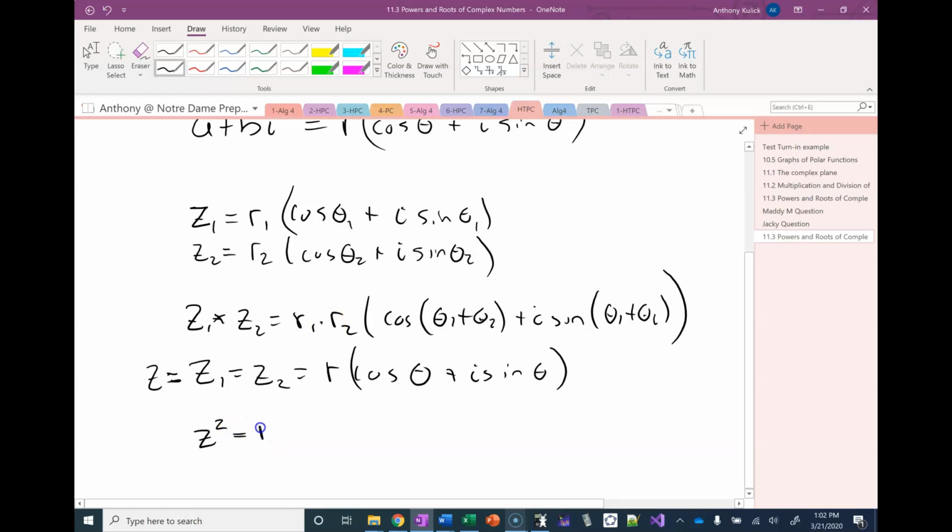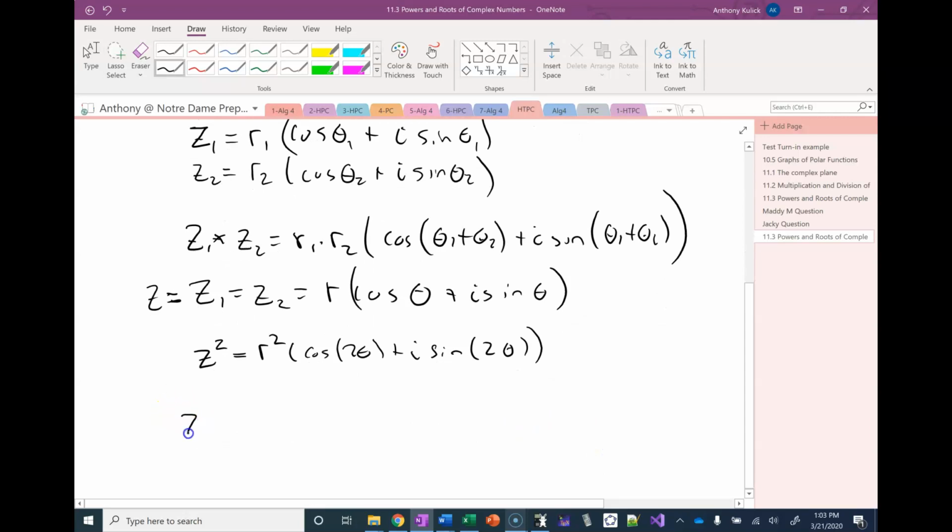So if they're exactly the same, r1 and r2 are the same, so I get r squared there. Theta 1 and theta 2 are the same, so I'm just going to get cosine of 2 theta there. And same thing here, I'm just going to end up with sine 2 theta there.